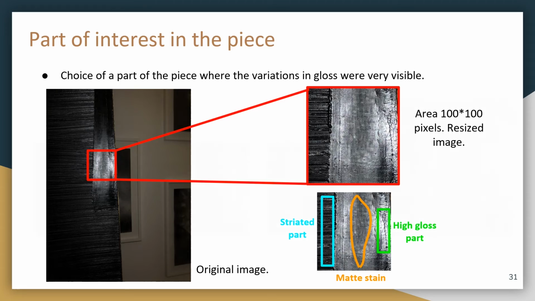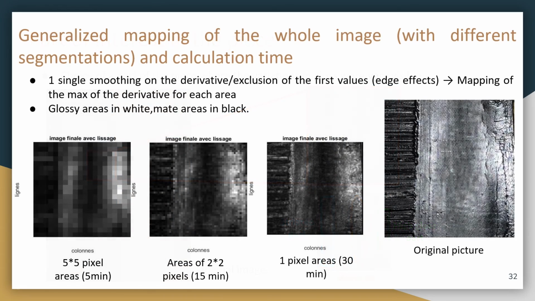So thanks to the technique of analyzing the pictures that Mélanie talked about, we are able to make a mapping of the whole picture of the gloss. To do it, we smooth each point of the image sequence using convolution.